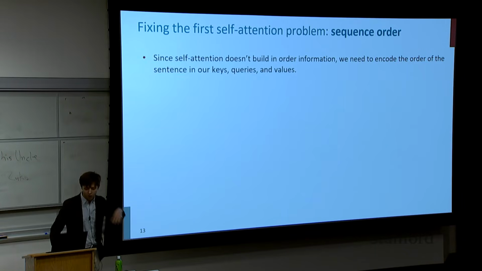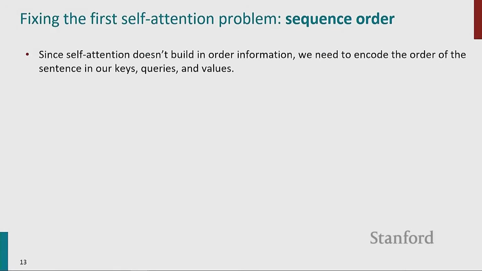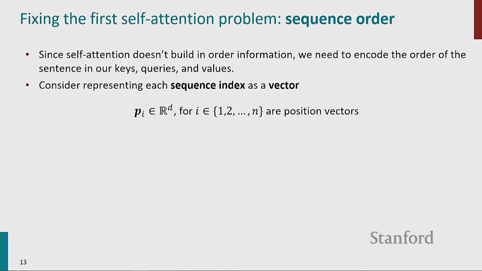So we're going to encode the position of words through the keys, queries, and values that we have. Consider now representing each sequence index, our sequences are going from 1 to n, as a vector. Don't worry so far about how it's being made, but you can imagine representing the position 1, the position 2, the position 3, as a vector in the dimensionality d, just like we're representing our keys, queries, and values. And so these are position vectors.